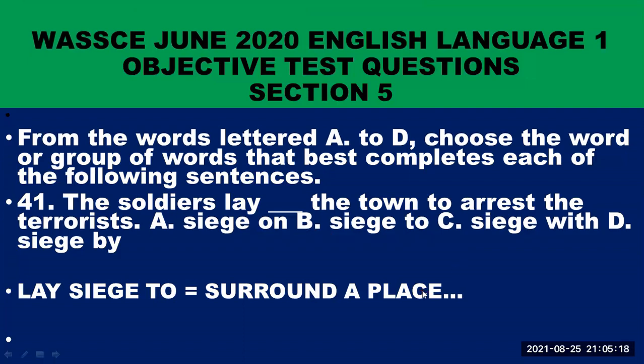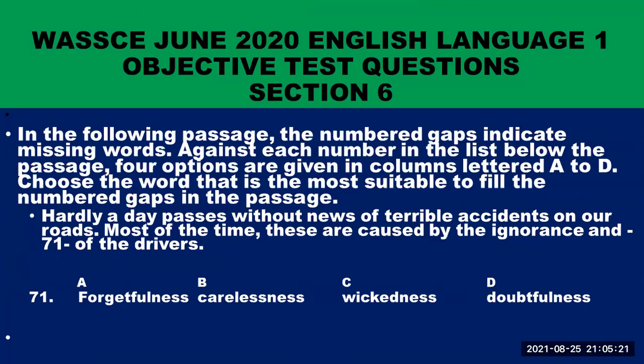Okay, so let's now go to section 6. In the following passage, the numbered gaps indicate missing words. Against each number in the list below the passage, 4 options are given in columns lettered A to D. Choose the word that is the most suitable to fill the numbered gaps in the passage.